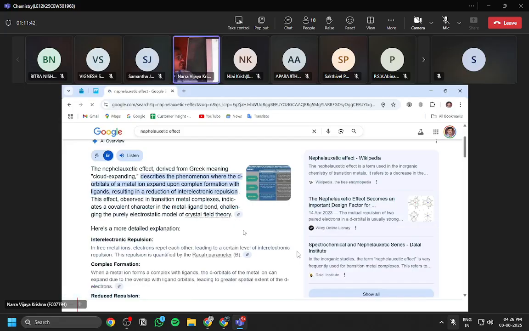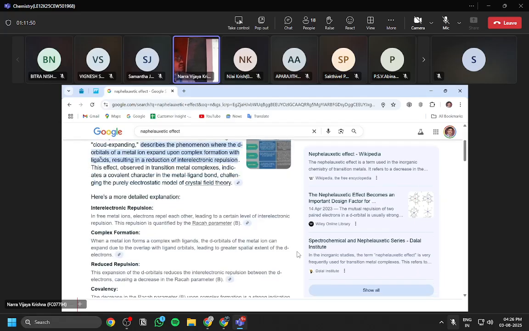Once read this statement. Derived from Greek meaning cloud expanding, it describes the phenomenon where d orbitals of a metal ion expand upon complex formation with ligands, resulting in a reduction of interelectronic repulsions. Means if the central atom is there, when ligand approaches to form a bond, the d orbital electron cloud moves away.